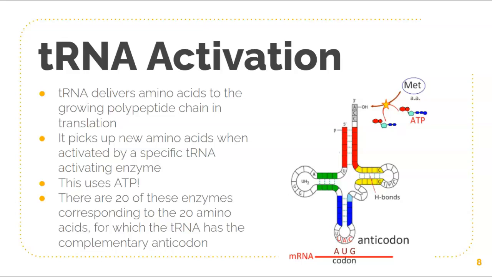There are 20 of these enzymes because there are 20 amino acids. So there is a specific enzyme that corresponds to a specific amino acid. That way, the tRNA has the exact amino acid that it codes for, with the anticodon down here and the amino acid connecting up here.